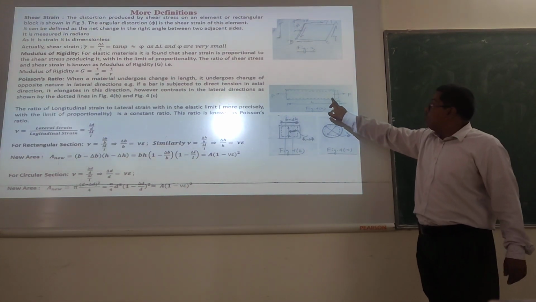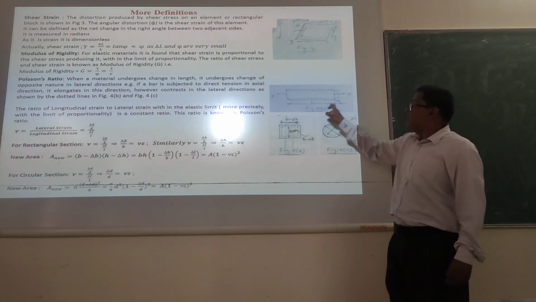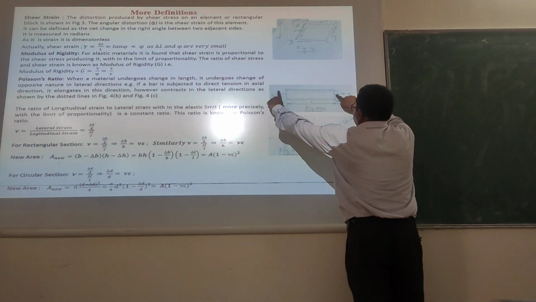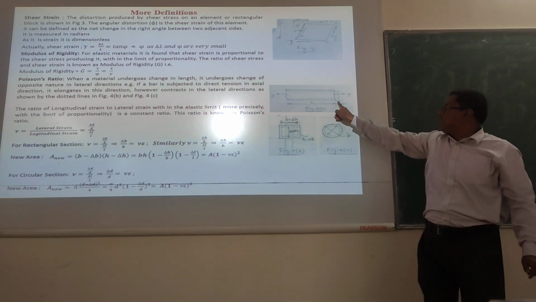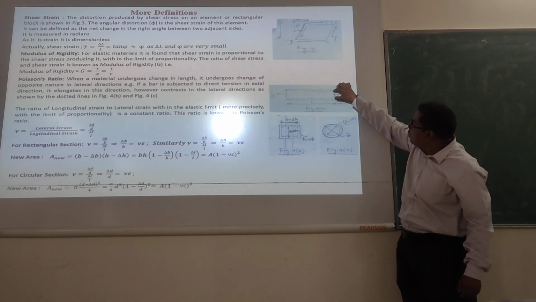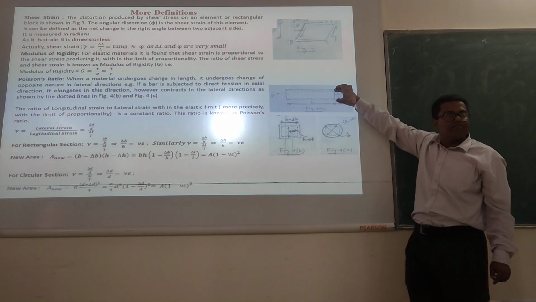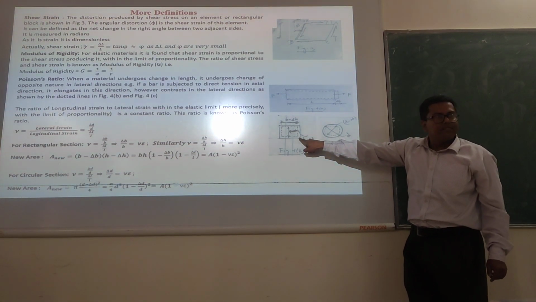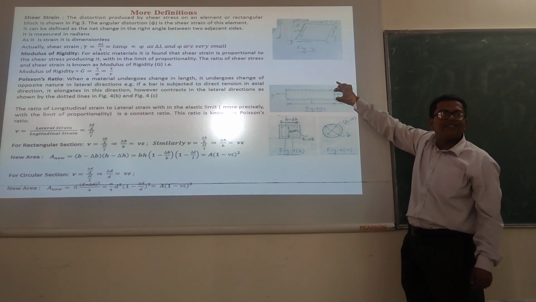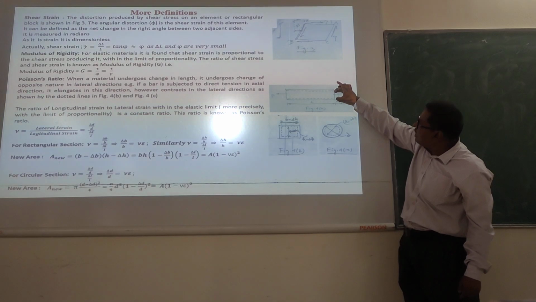Take this example. There is a body like this, having length L. I am putting it under tension, so P is the force. There is an extension of delta L. When I am pulling it, there will be contraction on this side. Let's say this dimension is B, and there will be a little shortening in this direction.